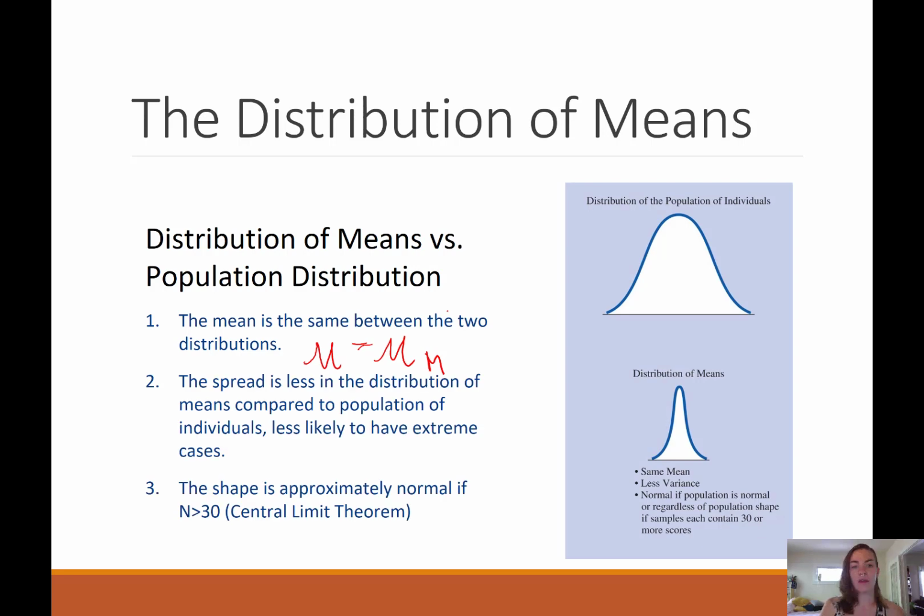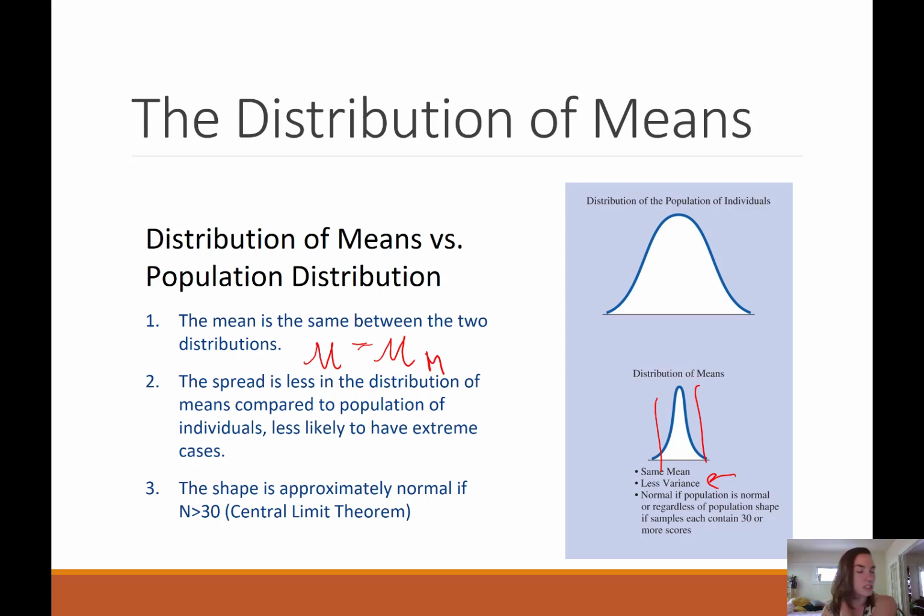Also, the second rule of the distribution of means is that the spread of that distribution will be less than the spread of the population distribution. We expect the spread of the distribution of means to be smaller. Notice here that it has less variance, so it's narrower, right, compared to the population distribution.